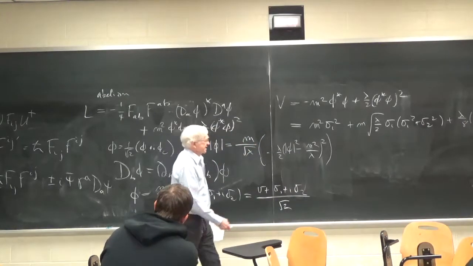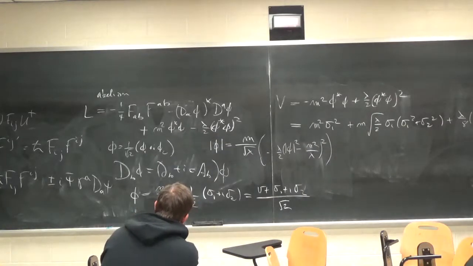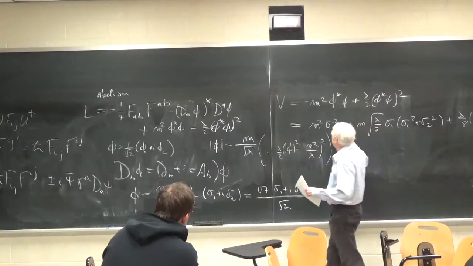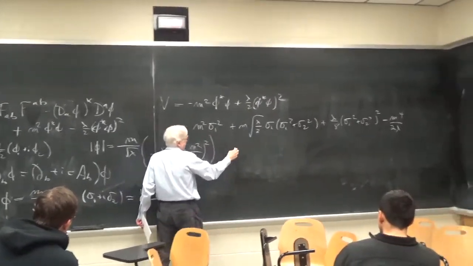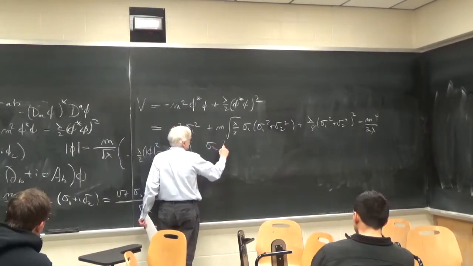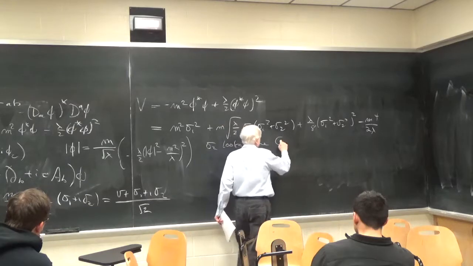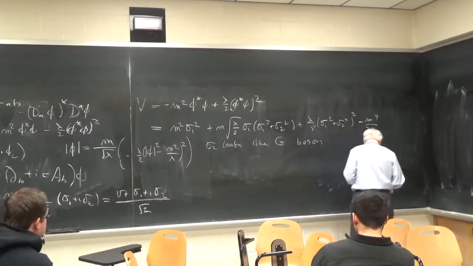And so you avoid this negative term here. So what this tells you is, apart from a constant, that the one massive field is sigma 1, and sigma 2 looks like a Goldstone boson. So it looks as though it's massless.